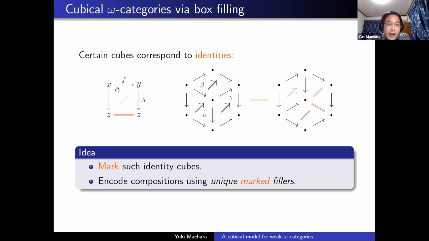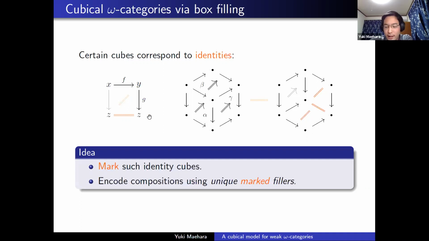For example, now I have grayed out this composite GF and also the interior. And so whenever you are given this pair of morphisms, we can put this identity here and form this sort of open box. And now we ask for such open boxes to have unique marked fillers.